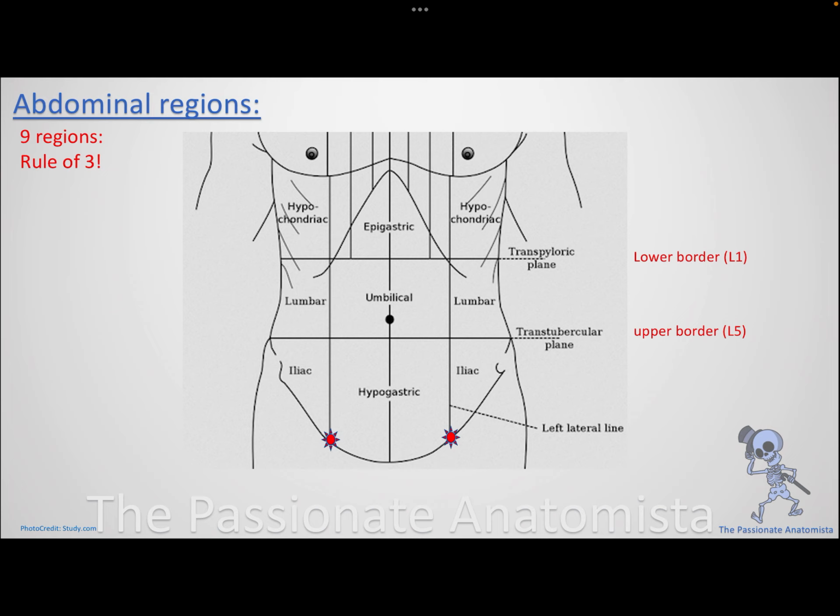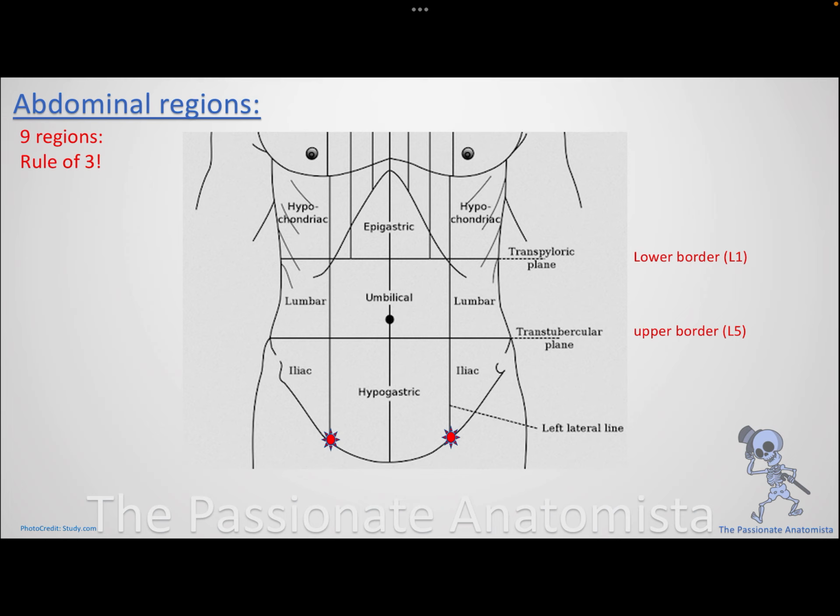So in order to understand what we mean when we say that the stomach lies in the left hypochondriac region and epigastric and some of the umbilical, you need to understand the 9 regions of the abdomen. And that is important for differential diagnosis.